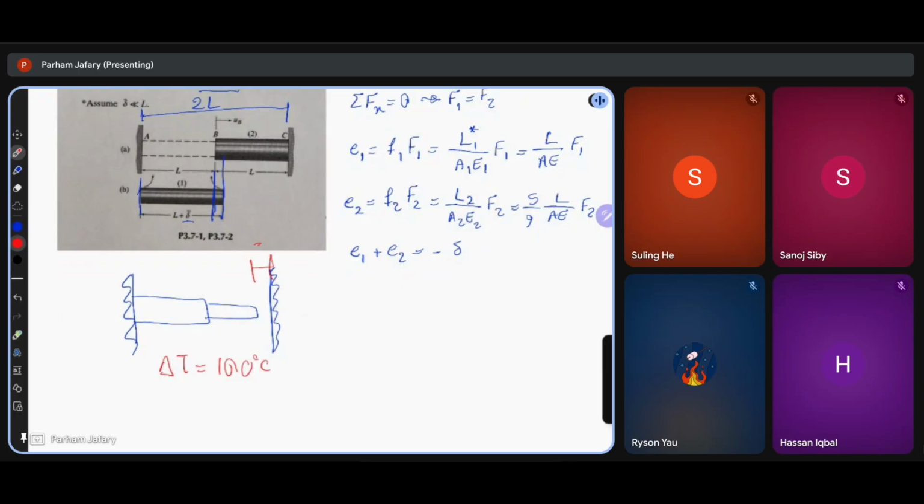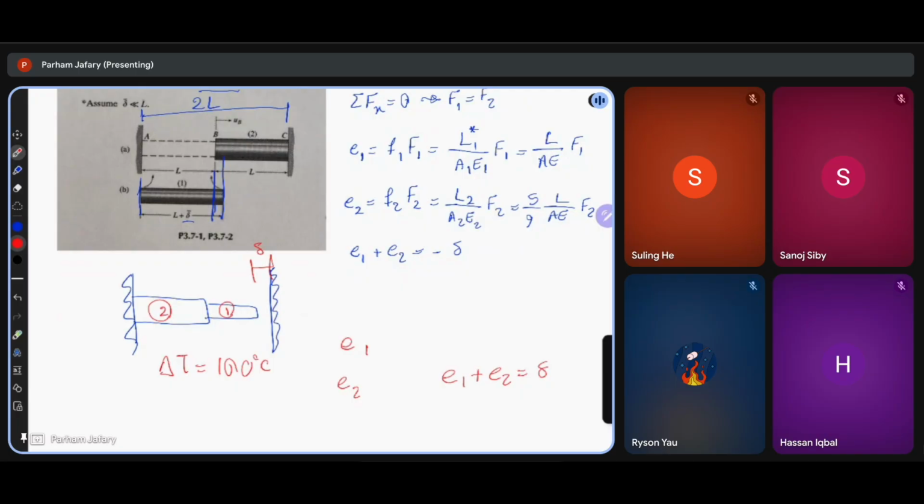Let's say this is 1 and this is 2, you will have E1 and E2, and the sum of E1 plus E2 will become delta, because they're expanding and there is a space, right?